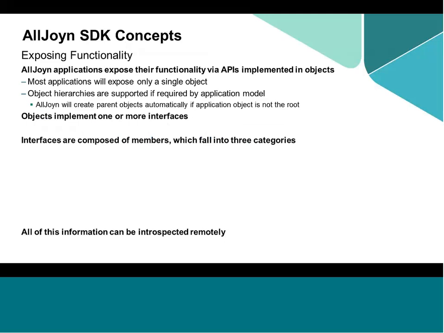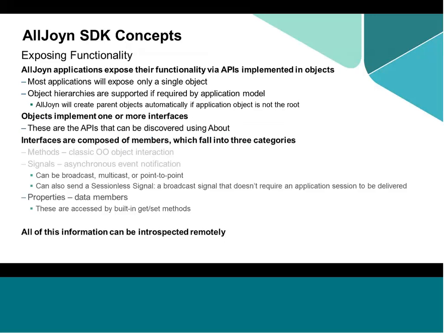So the functionality again here is that there are these objects of implementation, and these objects are comprised of interfaces, and those interfaces contain methods, signals, and properties that make it up. So you can really look at this all as basically an exposure of a library across the network, where your interface is really your header file, right?